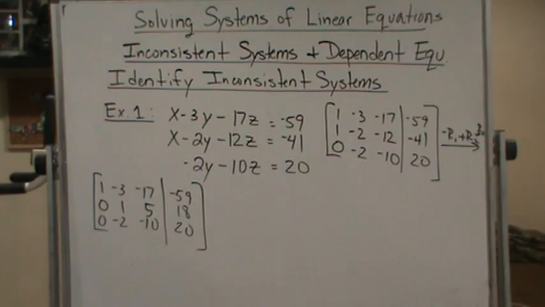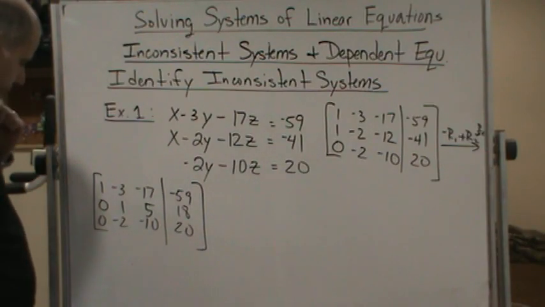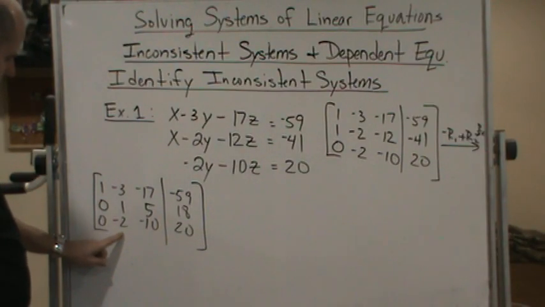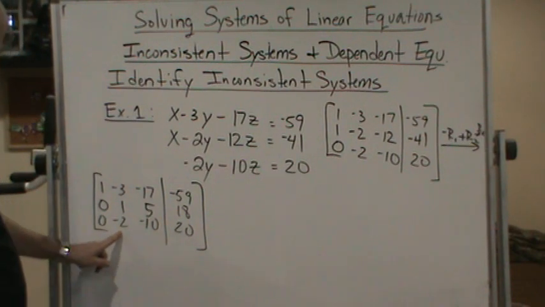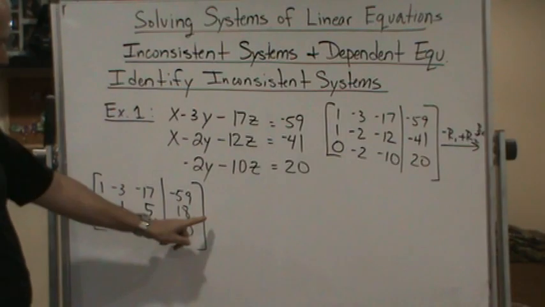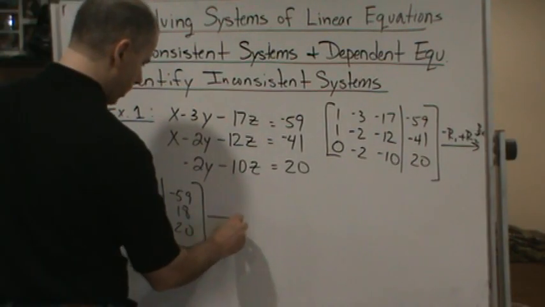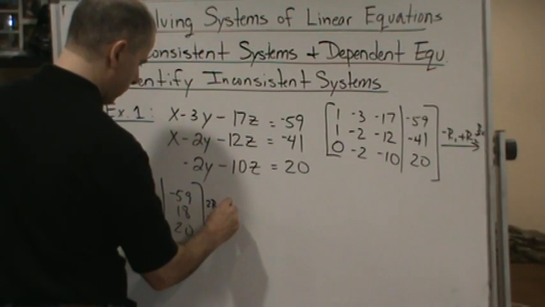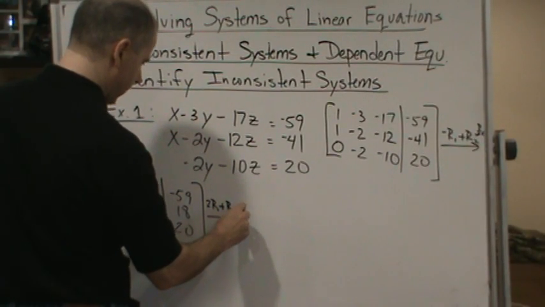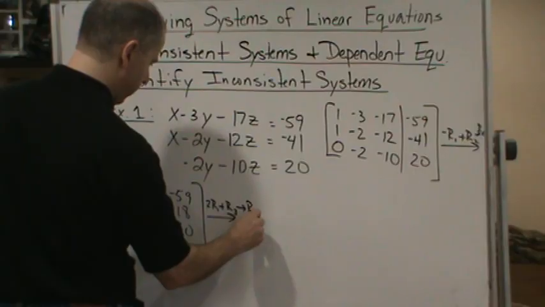All right, so now here, we've already got a 1 in the next diagonal position, so let's eliminate the -2. We're going to take 2 times row 2 plus row 3 and replace row 3.